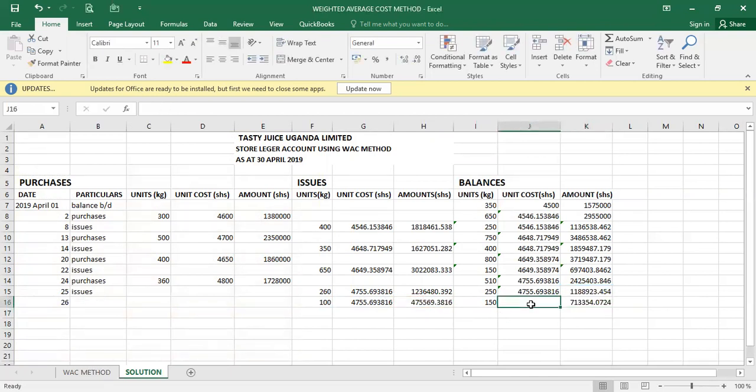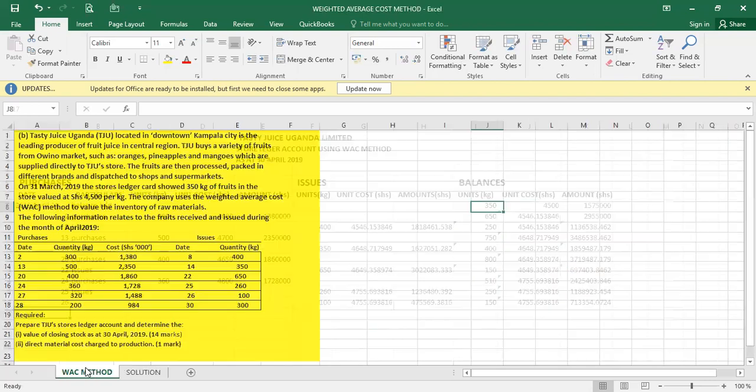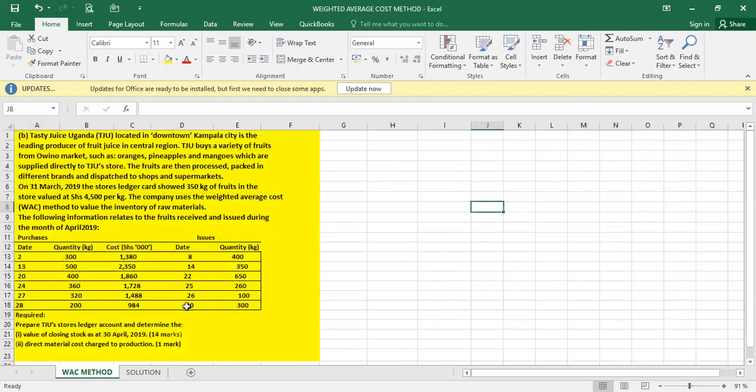Then we can get our unit cost, which will be the cost divided by the number of units. So we go to the next transaction.